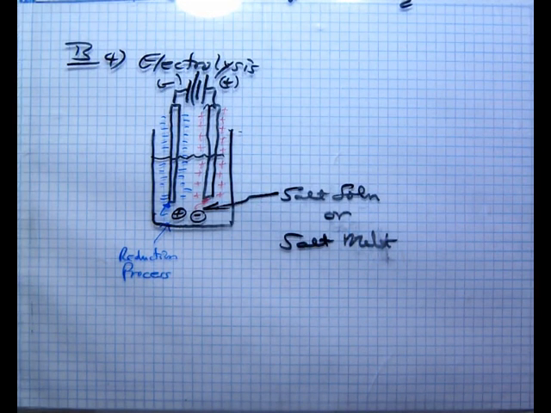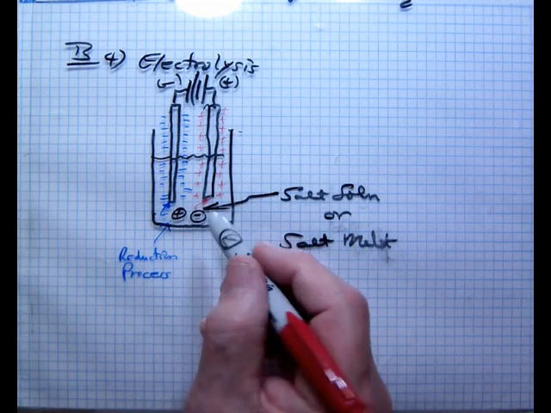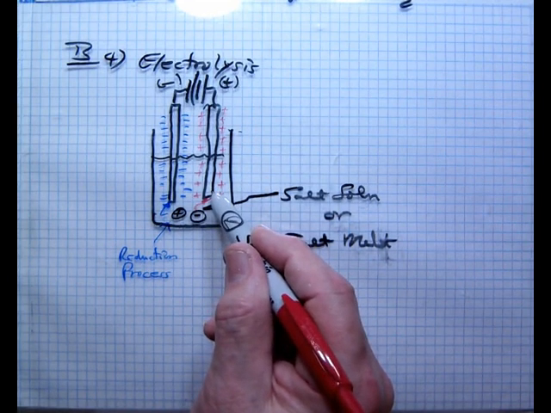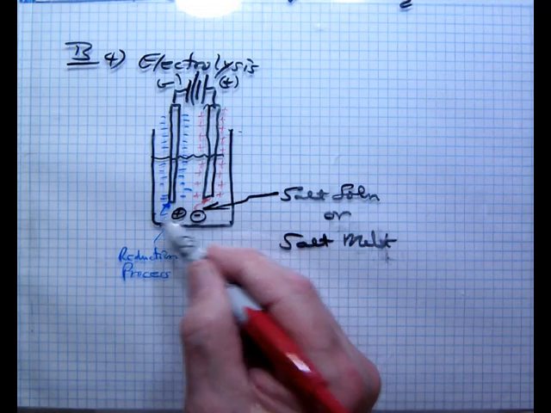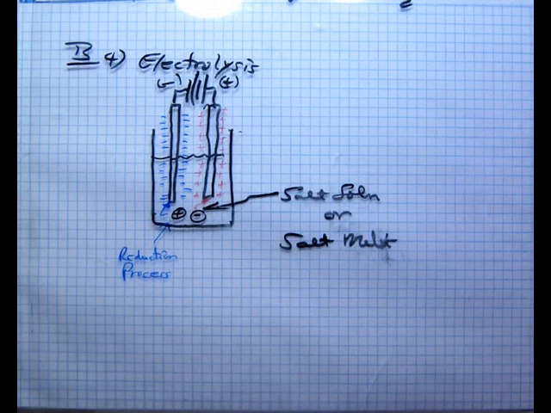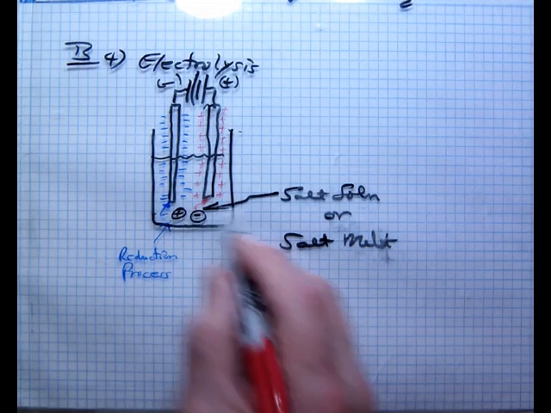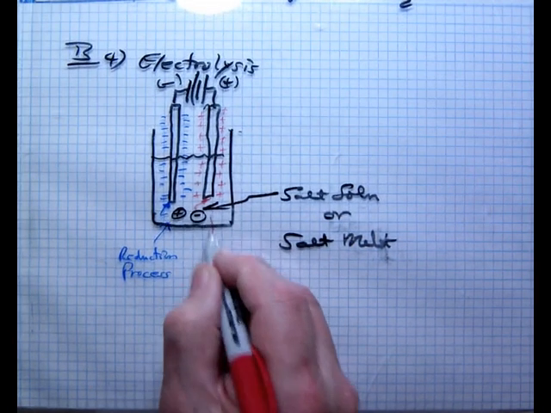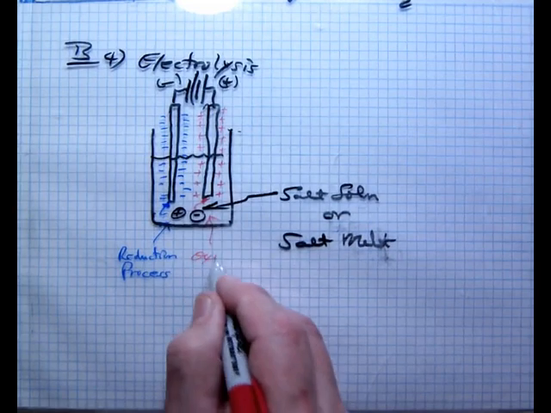Only thing that moves or transfers in this system are electrons. So we are losing electrons into this electrode. So if this is losing electrons, how do we identify that? Oxidation or reduction? That's right, oxidation. There's no other. There's either oxidation or reduction. So this process is oxidation.